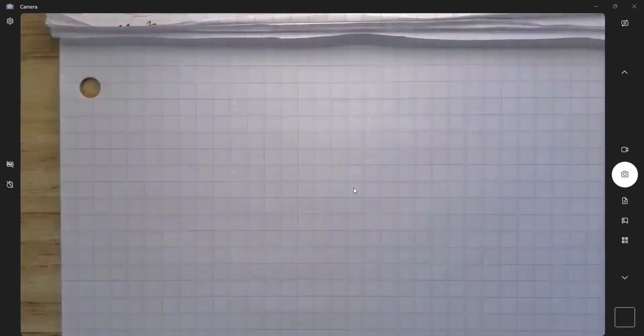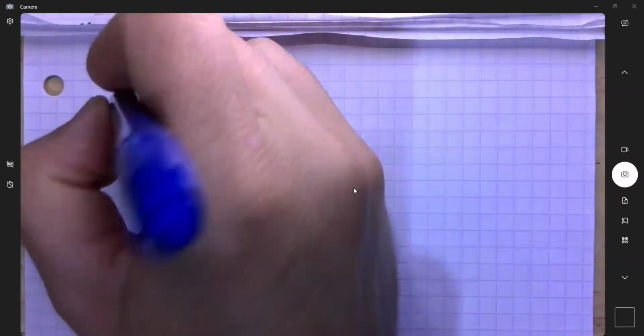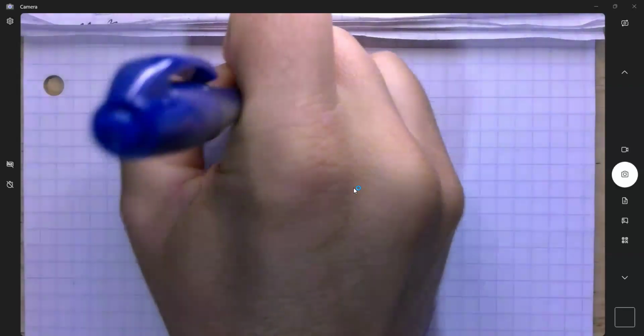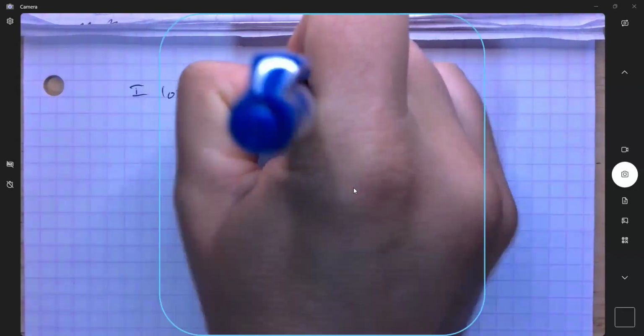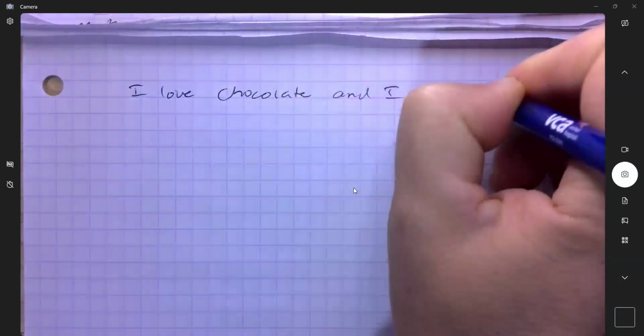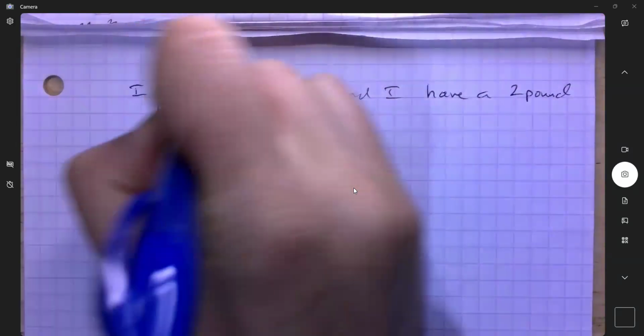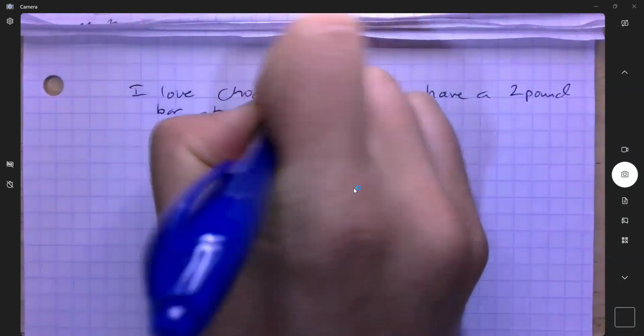Let's do some examples where we practice going from verbal to symbolic. Let's see. I love chocolate. And I have a 2-pound bar at home.